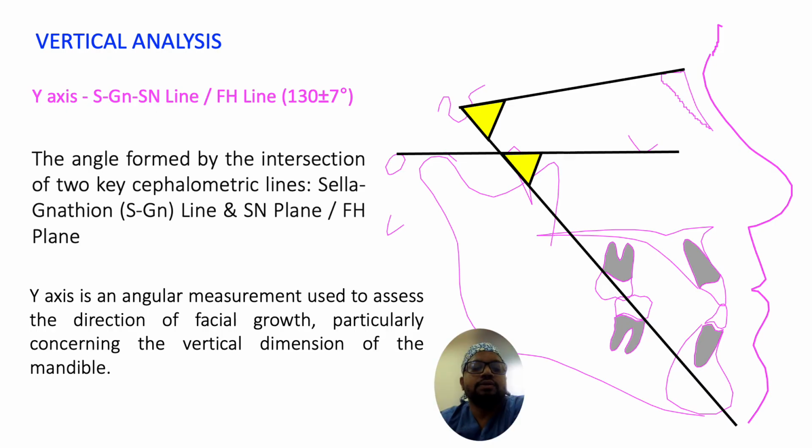Y-axis is very important to analyze the facial growth. This can be determined from the SN line or FH line to gnathion, the Y-axis. This angle also gives the growth pattern, whether vertical or horizontal growth.